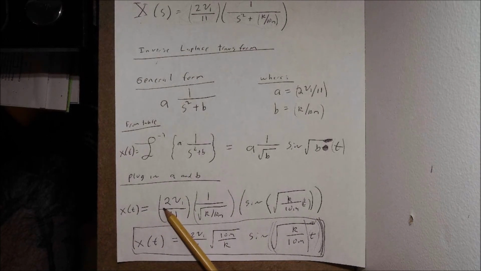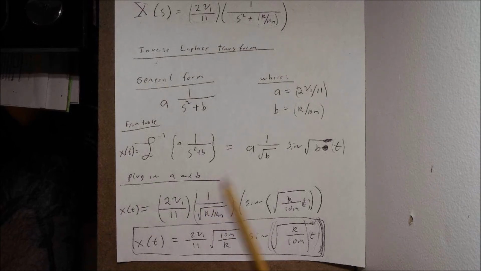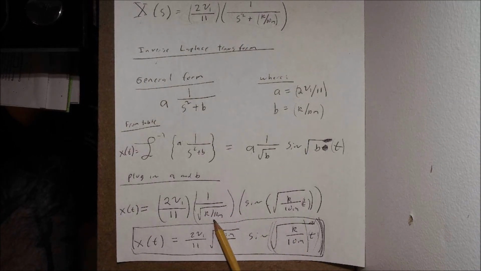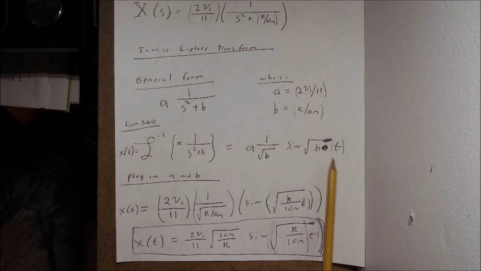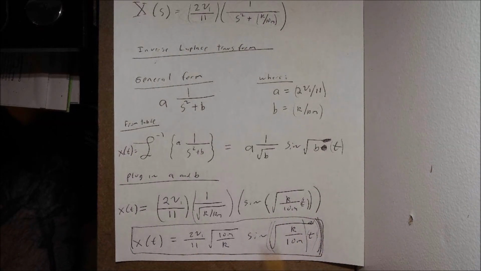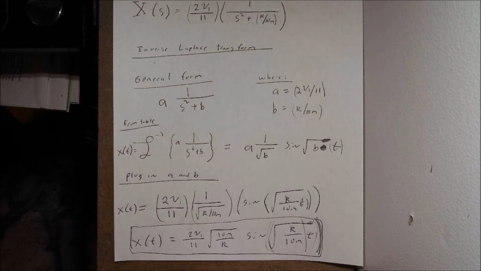So x of t is equal to 2 times v1 over 11, my a, times 1 over the square root of b, which my b was k over 10m I plug in here, times the sine of the square root of k over 10m, times t. I can rearrange and simplify that just a little bit. We end up with x of t is equal to 2v1 over 11 times the square root of 10m over k times the sine of the square root of k over 10m times t.